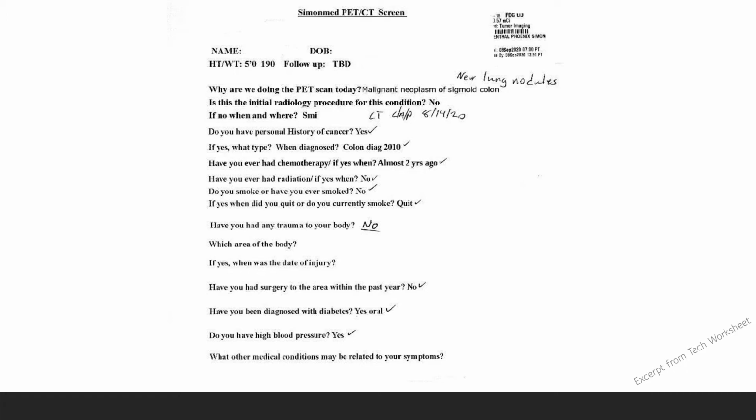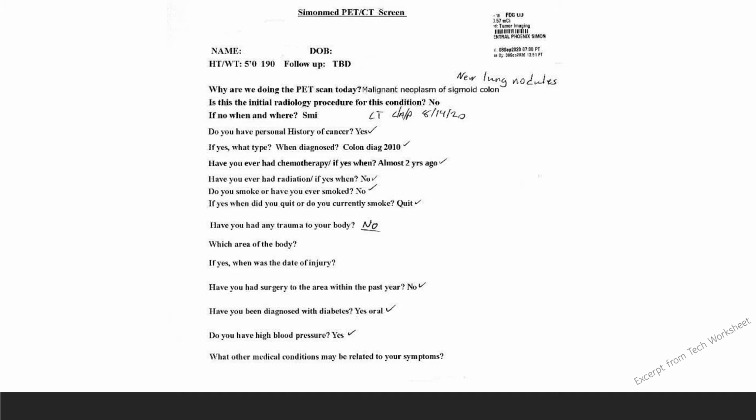She had chemotherapy around 2 years ago. It is important to ask when their last chemotherapy was done, because I've learned that if she had chemotherapy yesterday, there will be lots of activity in her bone marrow, which may change how you process the image.